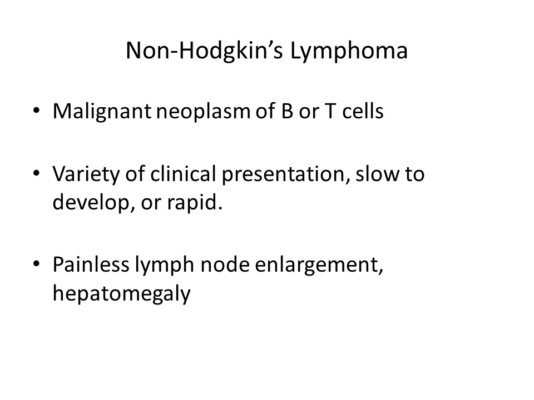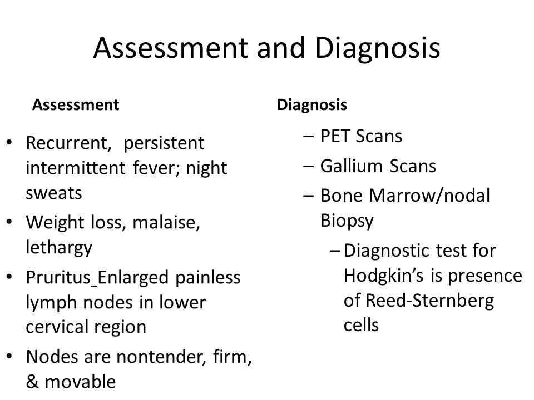Now let's look at the nursing care of both types. Okay, so what are we going to do? Because we have this abnormal proliferation of the lymphocytes, we have B cell and T cell aberrations.